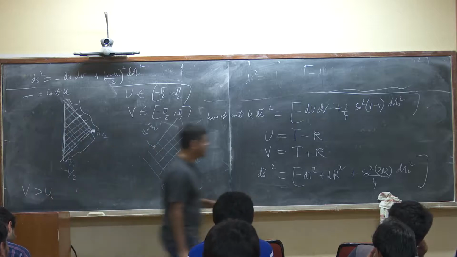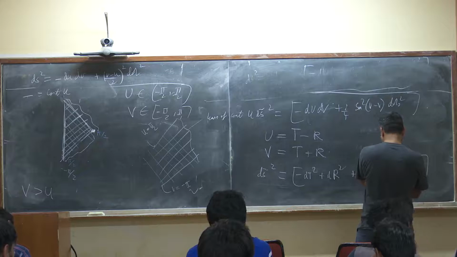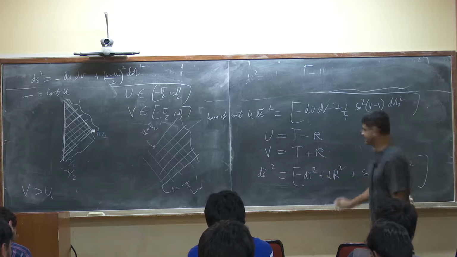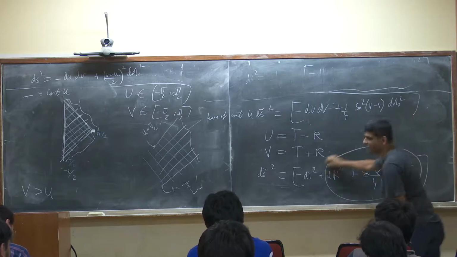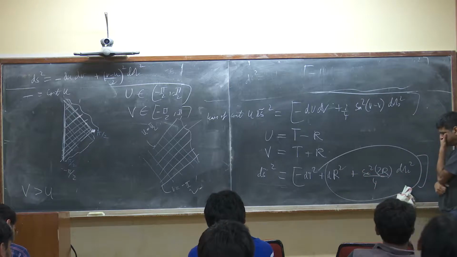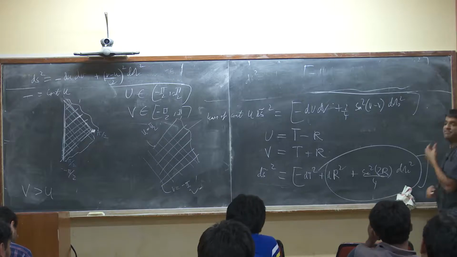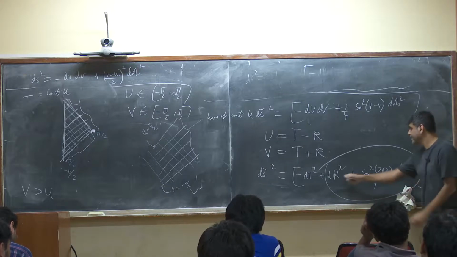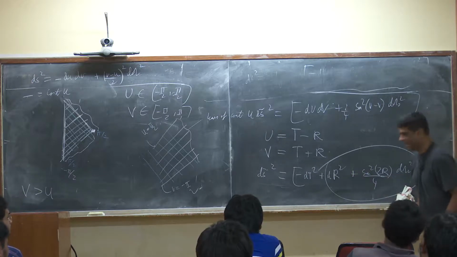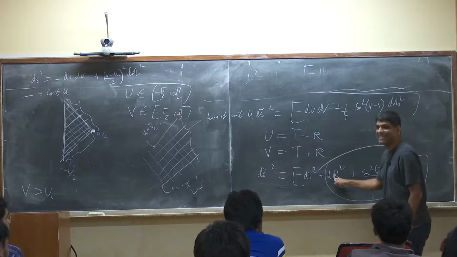Let me tell you something I was avoiding telling you about this space, which may help clarify this. Let's look at this whole metric here. It's the metric of a 3-sphere, once you identify this guy here as an angle.